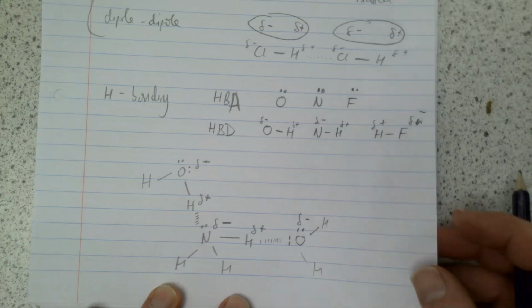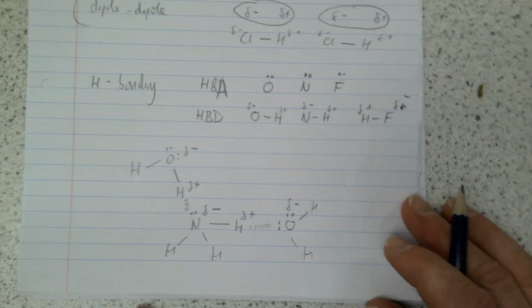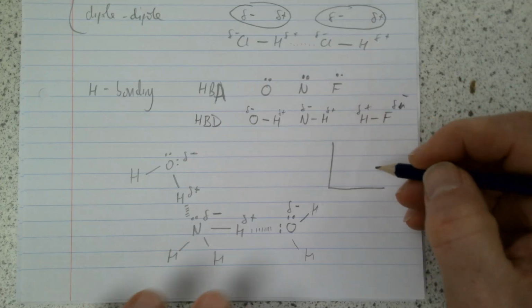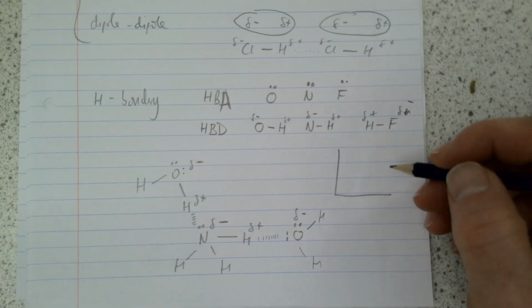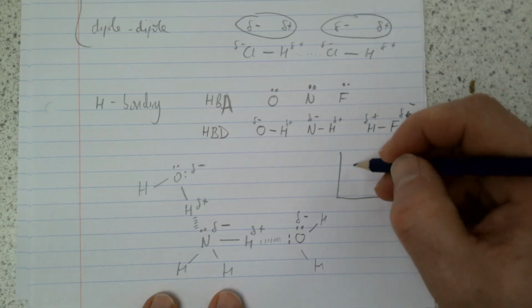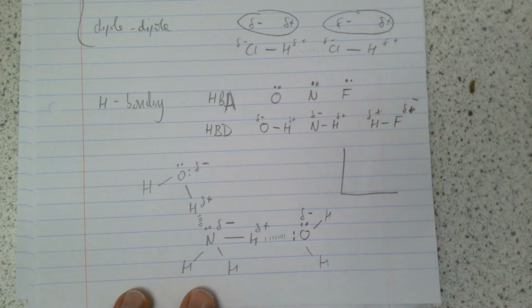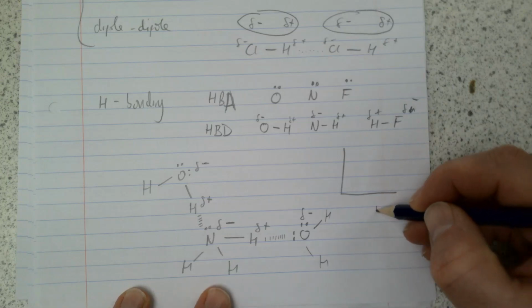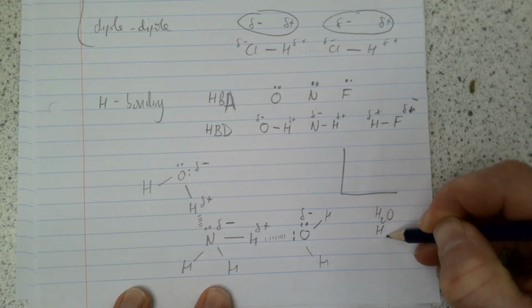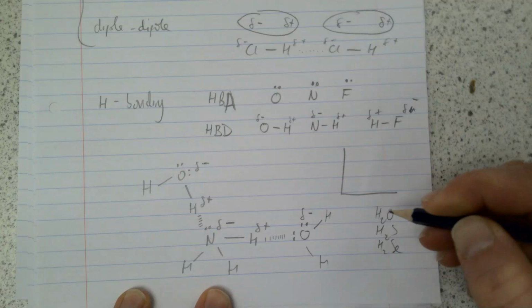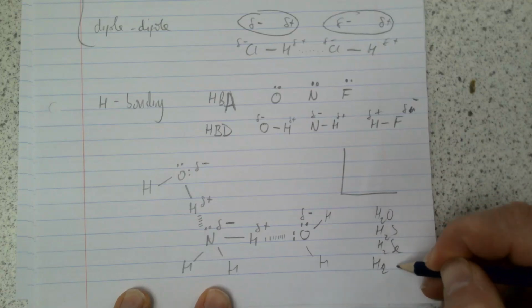Remember, a really strong piece of evidence with hydrogen bonding is a graph, so it's worth looking in the textbook. I'm not going to draw this perfectly now, but if you look at the hydrides of, say, group 6, so the hydrides of group 6 are H2O, H2S, H2Se for selenium, H2Te for tellurium.